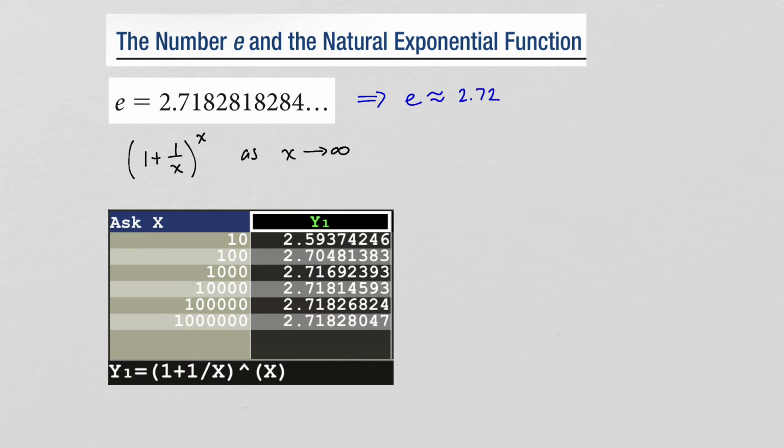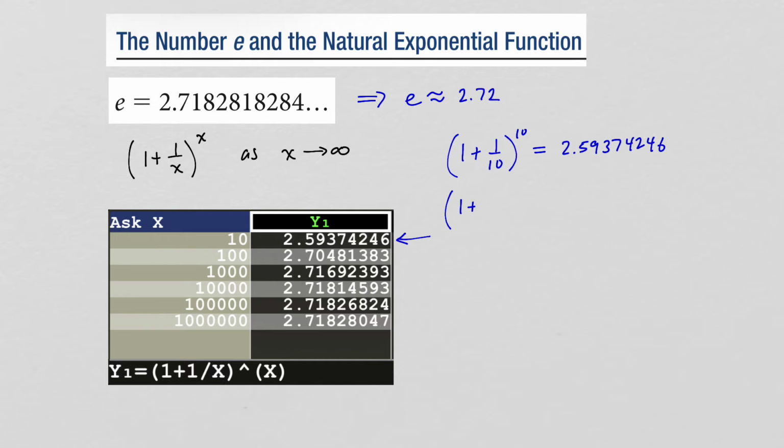So for example, if you plug in 10, this expression will be (1 plus 1/10) to the 10th power. If you do that on a calculator, you will get 2.59374246. That's this number right here.